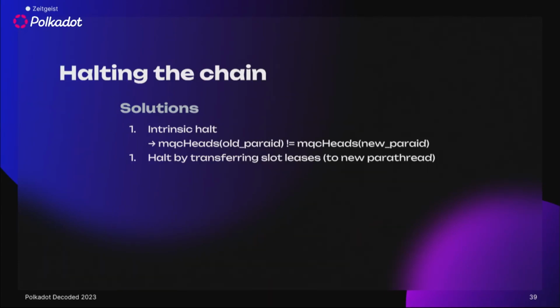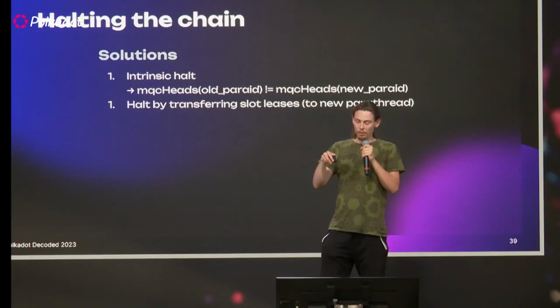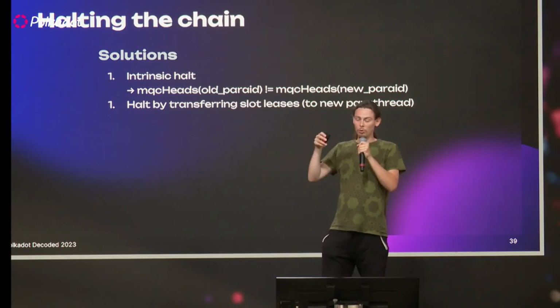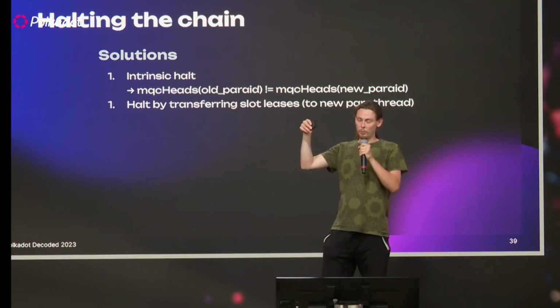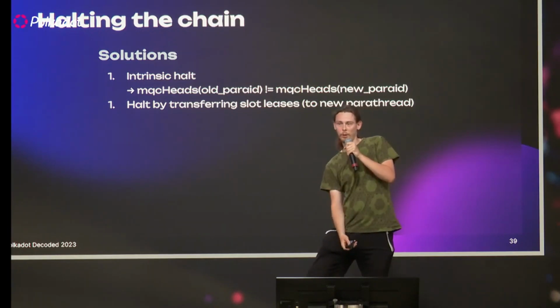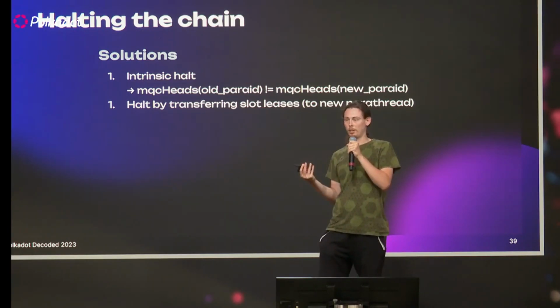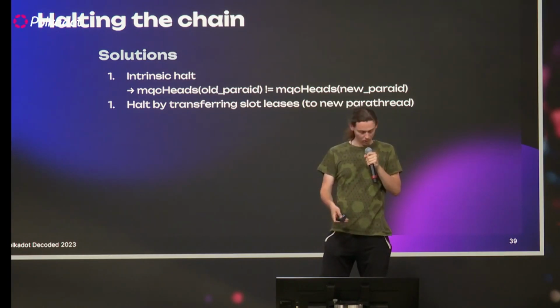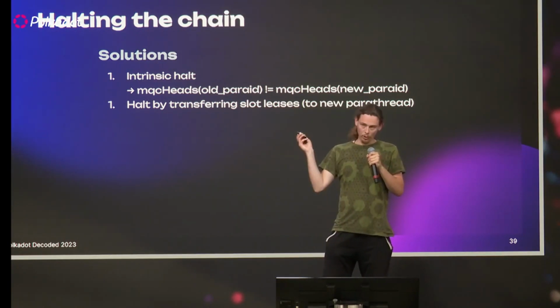To be more precise, when you change the parachain ID or the XCM heads, it results in a mismatch between the heads that are stored on the parachain and on the relay chain. Then your node will stop producing blocks because it assumes there was an attack, because there are different heads on the XCM message queues. This doesn't always work, so you can't rely on that.